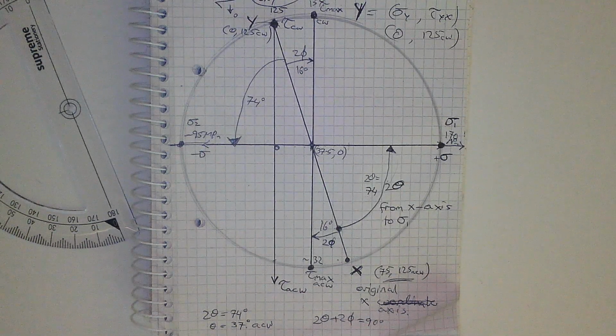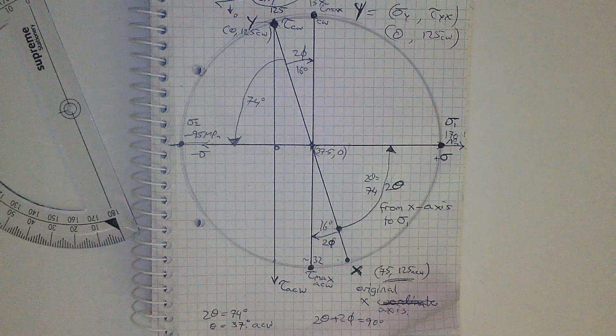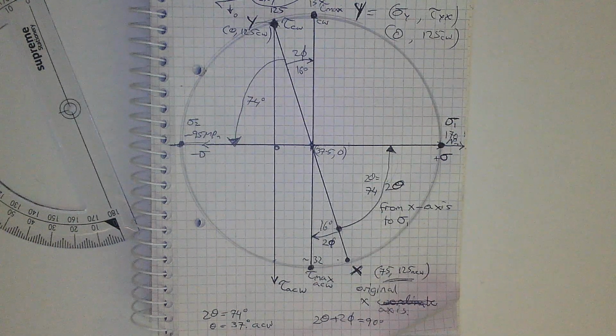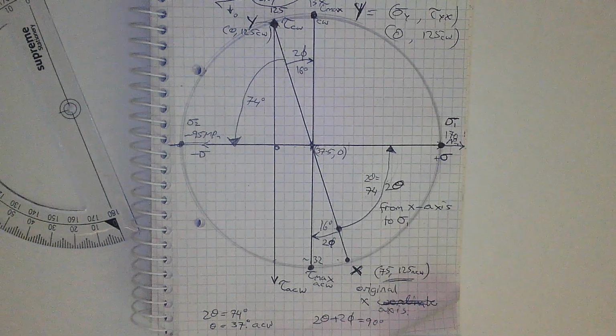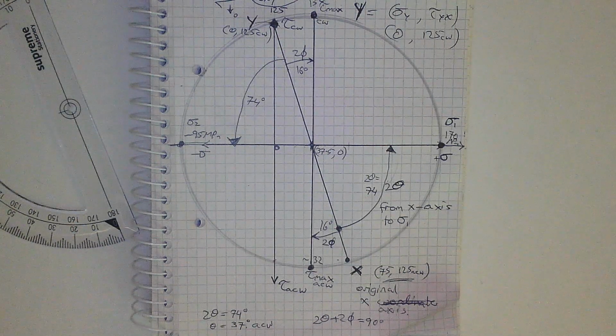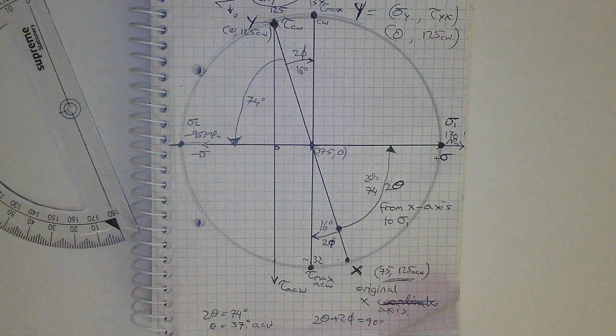It looks complicated enough, but sigma x plus sigma y over 2 is the location of the center of your circle, and the square root of this squared plus this squared is the radius of your circle. So we look at that next week. You can plug the numbers into that and it'll back up what we have there. Thank you.